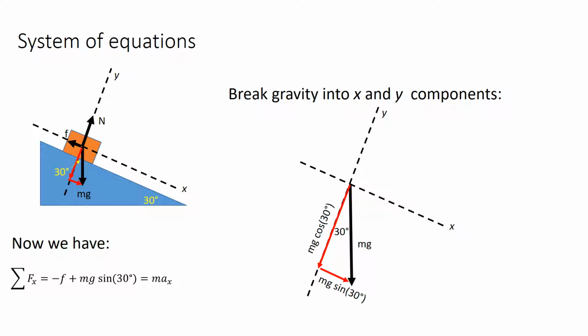We can similarly sum forces along the y direction. Along the y direction, we have the normal force as a positive N, and then we have mg cosine of 30 degrees, or this guy right here, as a negative number because it's pointing in the negative y direction.